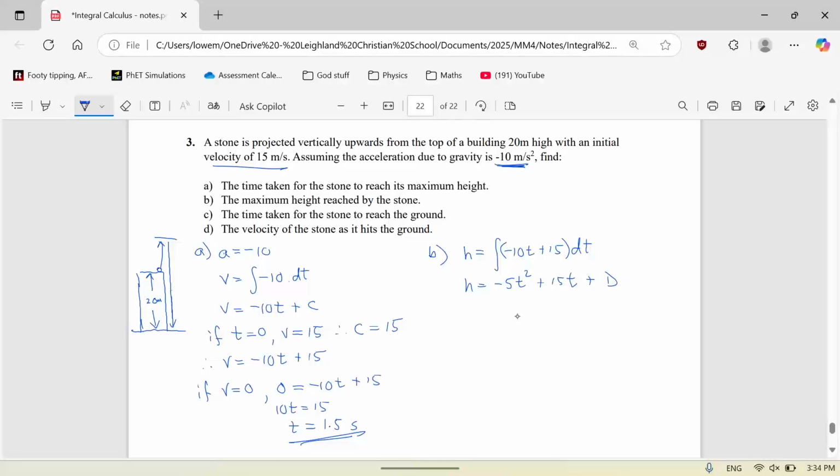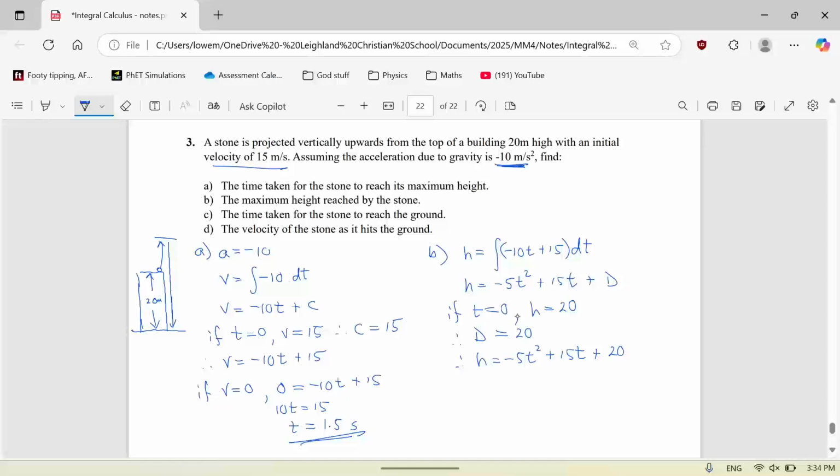Now if we assume ground level is a height of 0, the stone starts at a height of 20. So if t equals 0, then our height is equal to 20. Then these two terms become 0, which means d must be equal to 20. So our height is negative 5t squared plus 15t plus 20.